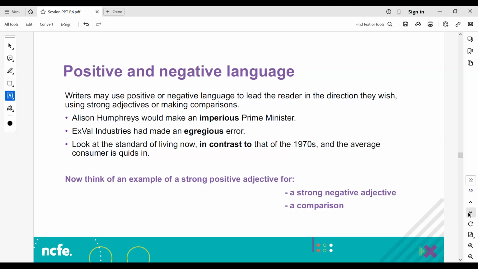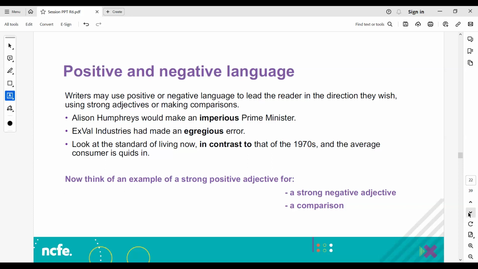Exval Industries had made an egregious error. So egregious, an enormous, horrendous error. If they hadn't used that word, they'd just put Exval Industries had made an error.